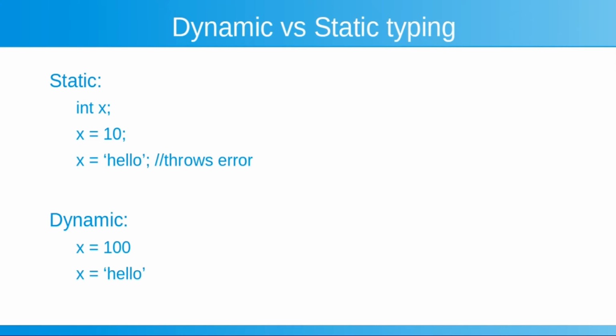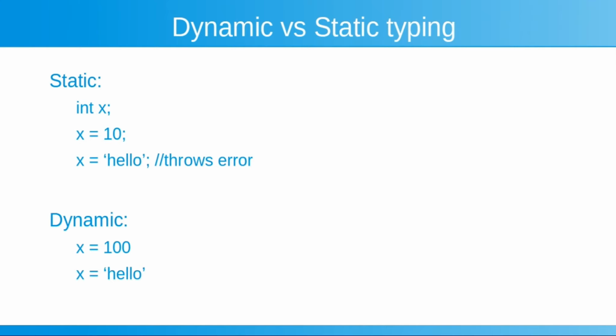In the second line, I am reassigning the string value hello to the variable x. Here it will not throw any error because that's the dynamic nature. Everything will be executed at runtime, but in the case of static, it will throw an error during compilation. So that's the basic difference between statically typed and dynamically typed languages.